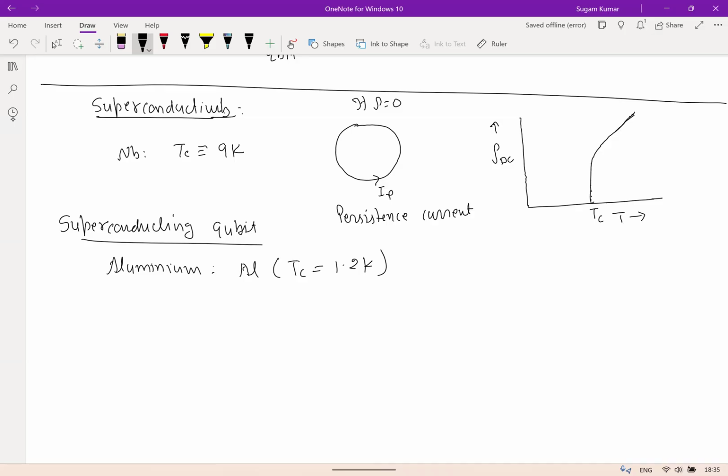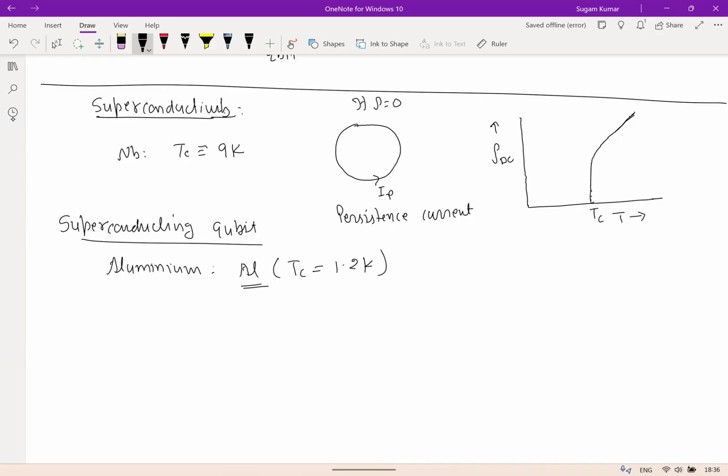If you prefer other materials, niobium generally people prefer less, because it is not a very good metal at normal temperature.